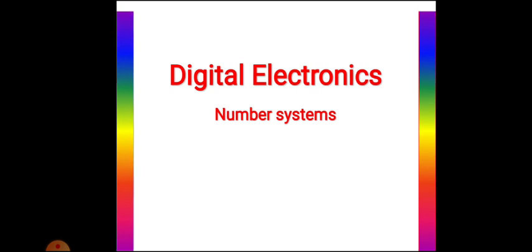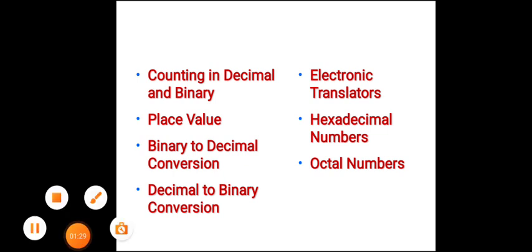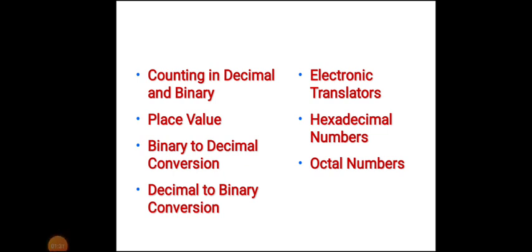Okay, in this topic now we are going to learn something that is shown in a figure, that is counting in decimal and binary, place value, binary to decimal conversion, decimal to binary conversion, electronic translators, octal numbers, hexadecimal numbers.